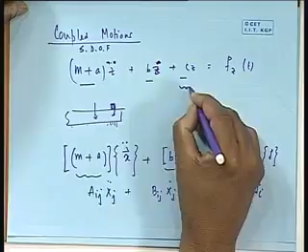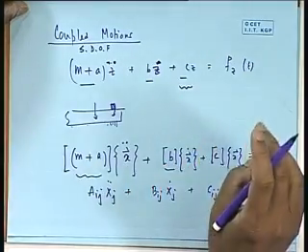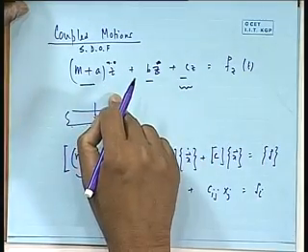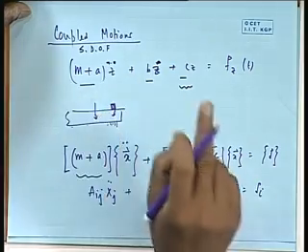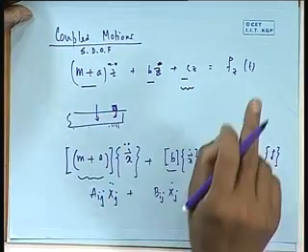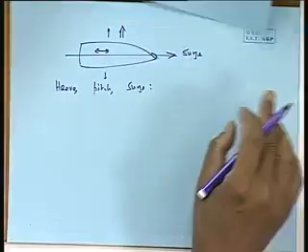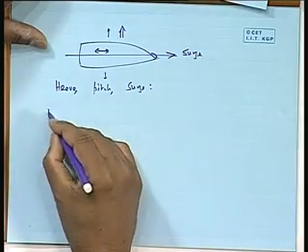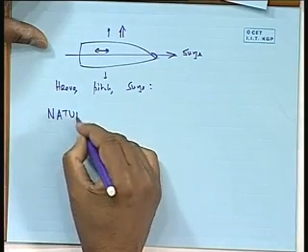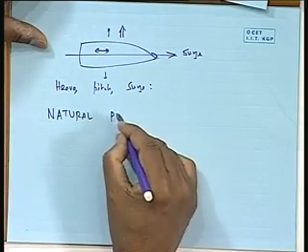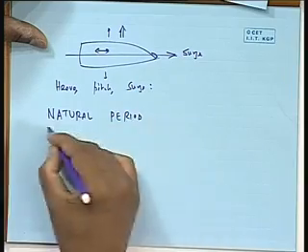I just want to briefly mention a very important thing, in another few minutes, with respect to this natural period, because this natural period has a very large influence on the response of the ship. What is natural period?